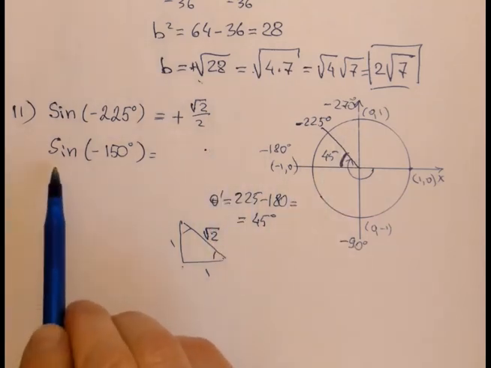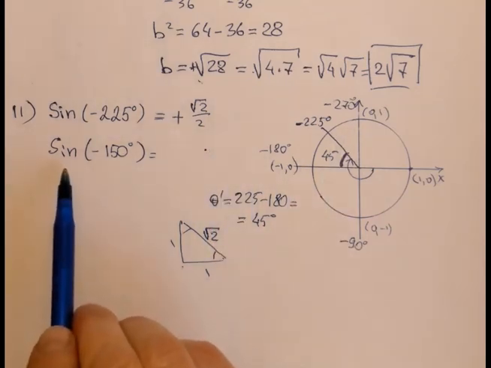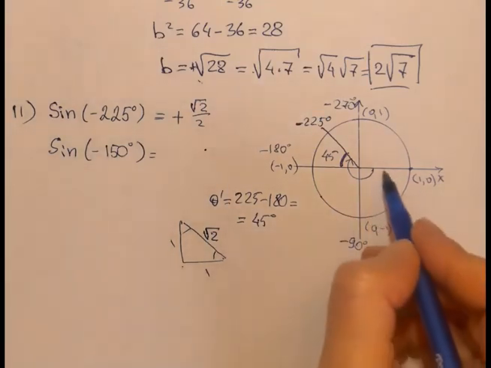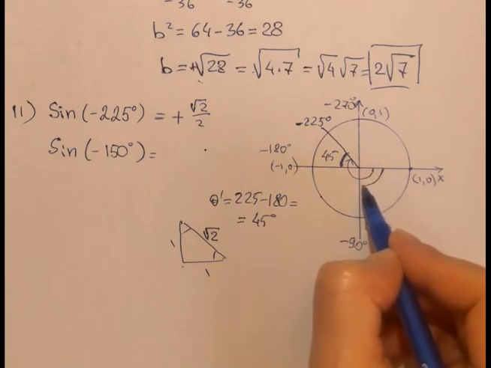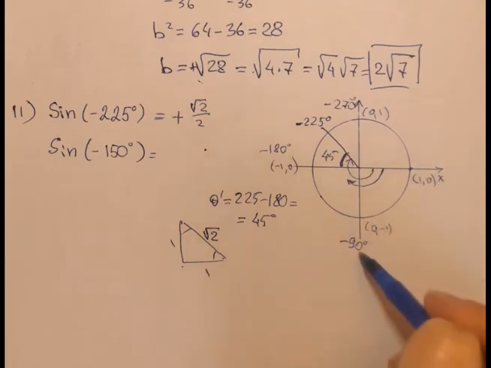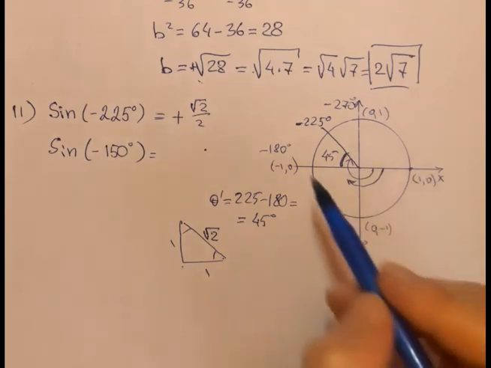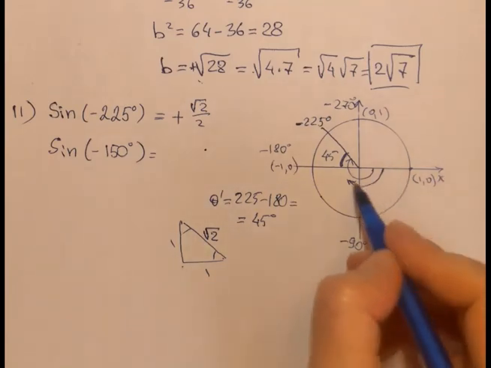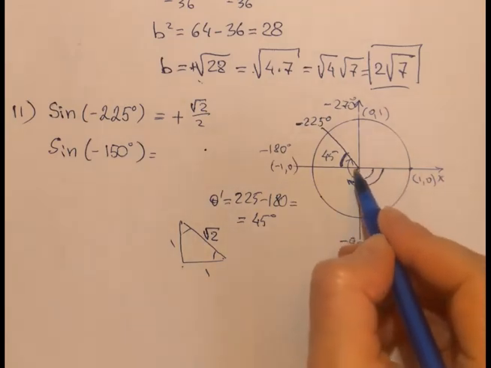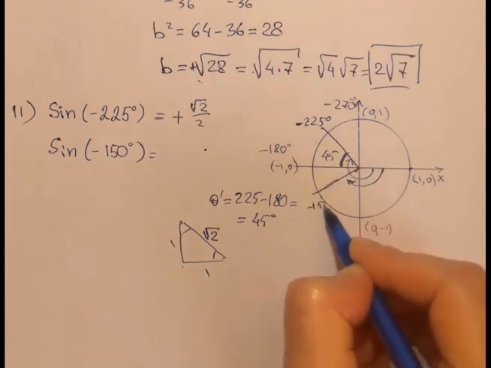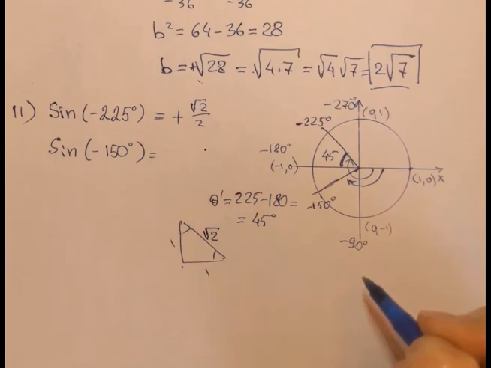So now let us find the sine of negative 150 degrees. Also, a negative angle is the rotation in the opposite direction, clockwise. So 150 will be between 90 and 180, all negative. So somewhere here, negative 150 degrees.